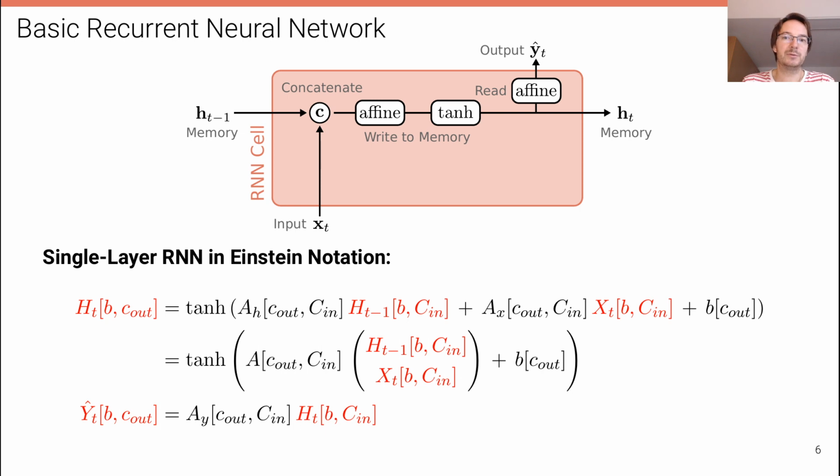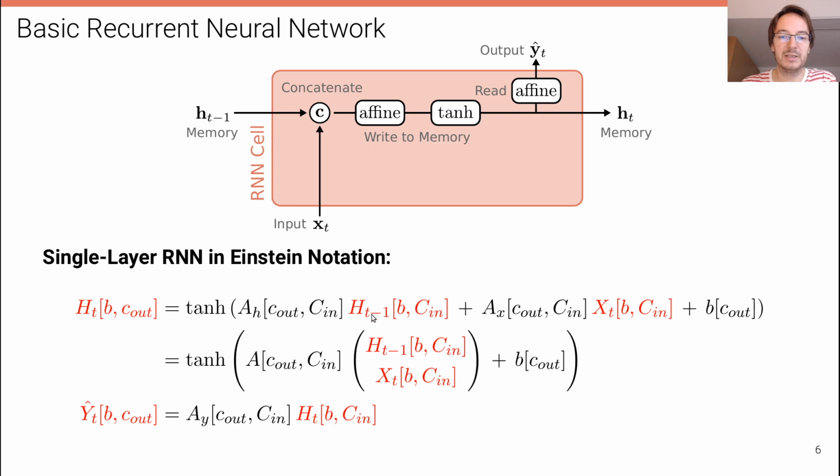We can also write the mathematical expression for this RNN cell and the output layer in terms of the Einstein notation that we've introduced in the last lecture. And this is what it looks like. You can see that we're writing down the expression for a particular batch element B and a particular output feature Cout.